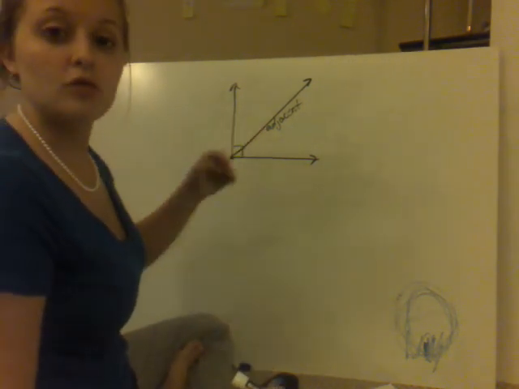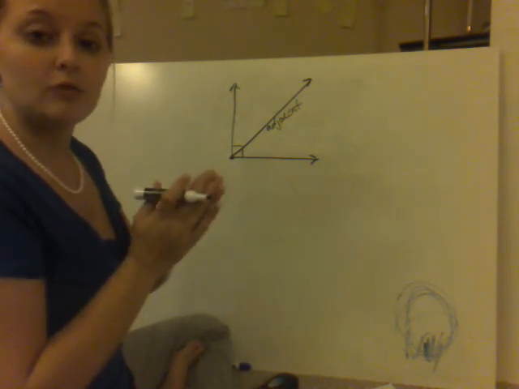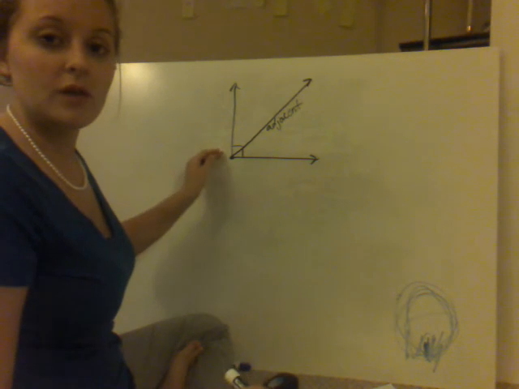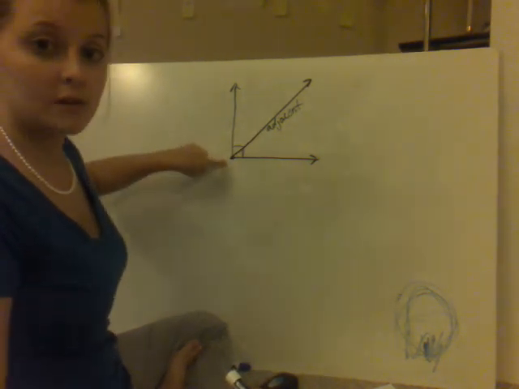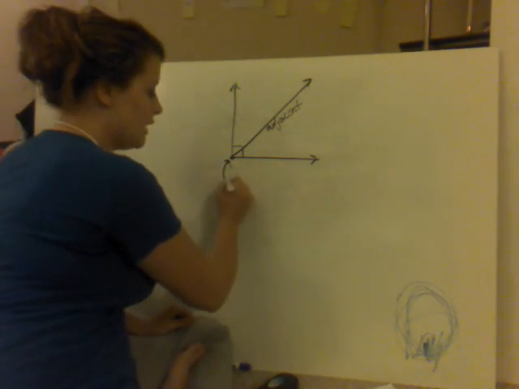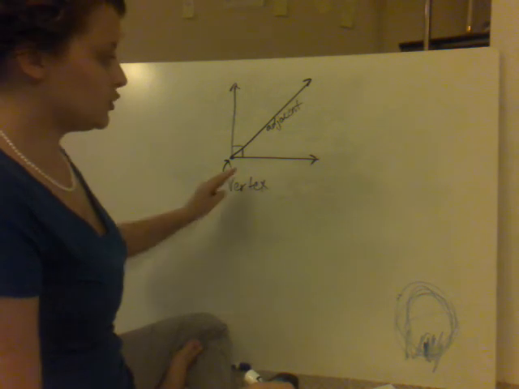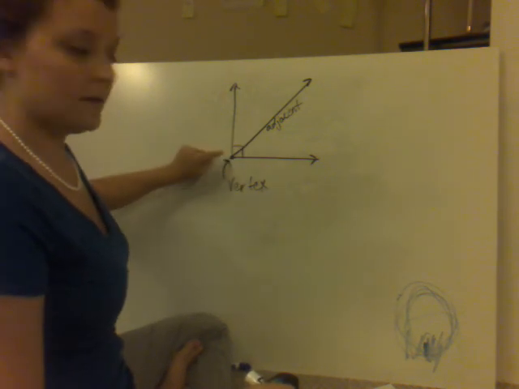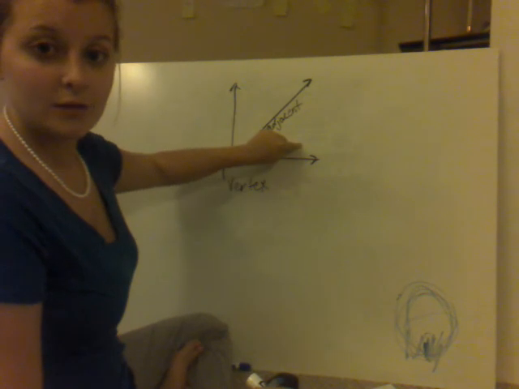They are adjacent because they are directly next to each other. They are touching. They have a common side or a common ray in this situation. Everything has the same endpoint or vertex. So again, this is called a vertex. There's three separate rays. Vertex, adjacent line, adjacent angles.